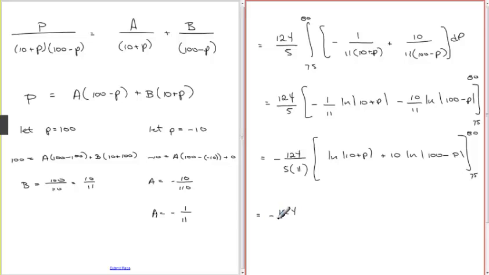So we have negative 124 over 5 times 11 is 55. So what we're going to have is the natural log of 10 plus the upper limit, which is 85, plus 10 times the natural log of 100 minus 80. Well, actually, it should be 80, not 85.